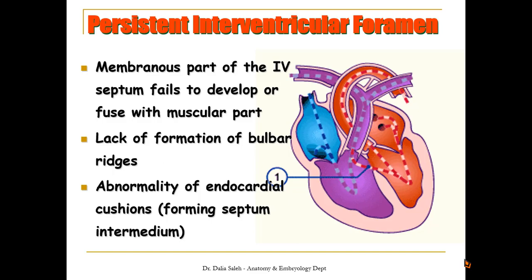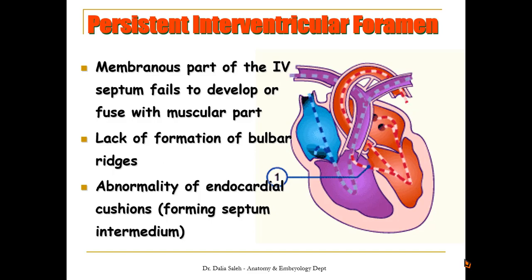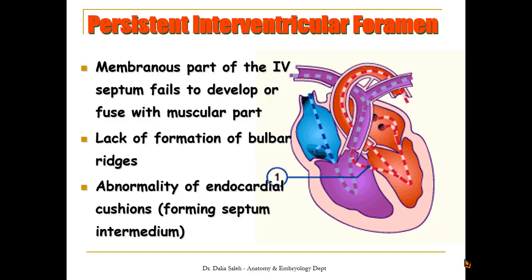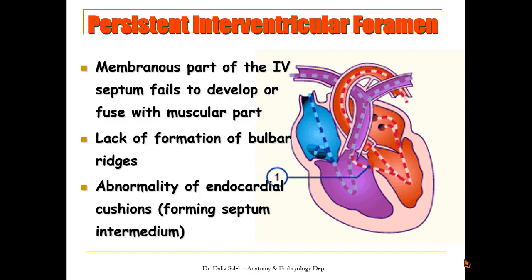You can see that blood moves from the chamber of the highest pressure, which is the left ventricle, to the right ventricle. So mixed blood will be in the right ventricle and pushed to the pulmonary trunk, and this may cause pulmonary hypertension. Note that the oxygenated blood is in red, the non-oxygenated blood is in blue, and the mixed blood is in purple.